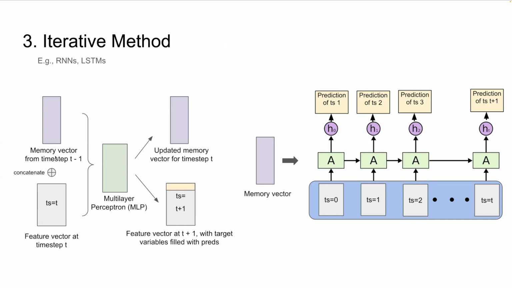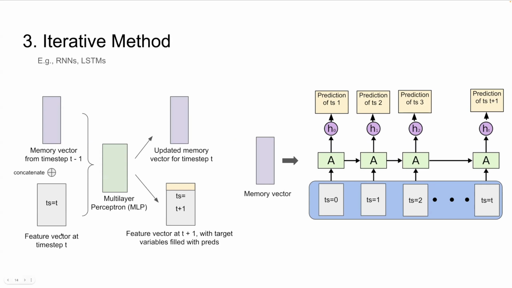The memory vector is what your model wants to summarize from all the previous time steps, since the only other thing that your model can see is the feature vector from the current time step. So everything from before time step t, you need to summarize into this memory vector.